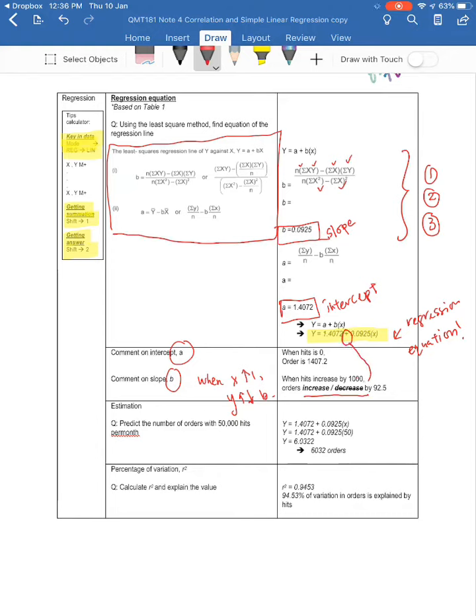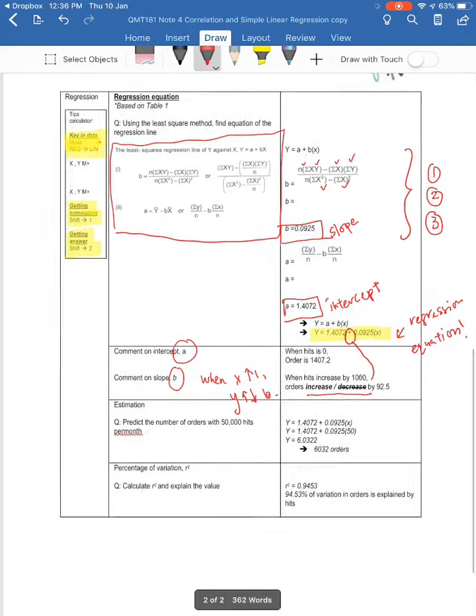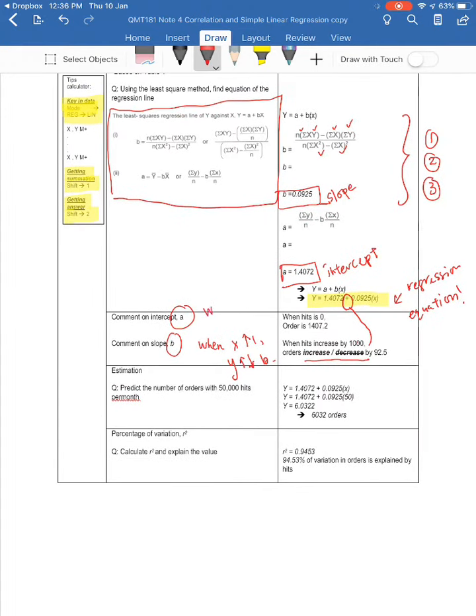If positive, if tambah, maknanya increase. Kalau minus, means this one is decrease. Okay, ini untuk ini kan, ni lah when x is 0, y is A.